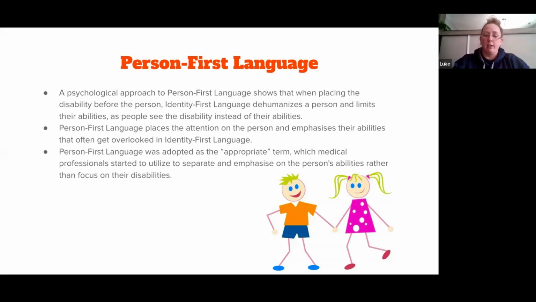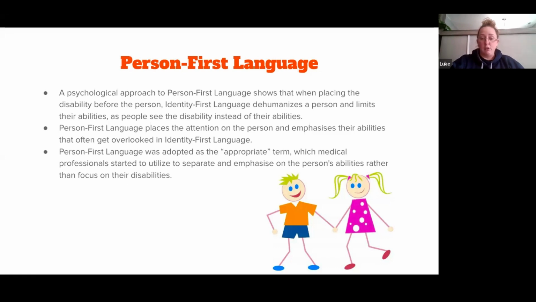And that goes along with Dunn and Andrews' study in 2015, where the abilities and the individualization of everyone is ignored, and their disability is the main focus in identity first language, limiting a person using words such as segregation, like race or ethnicity and religion. It's the same thing.